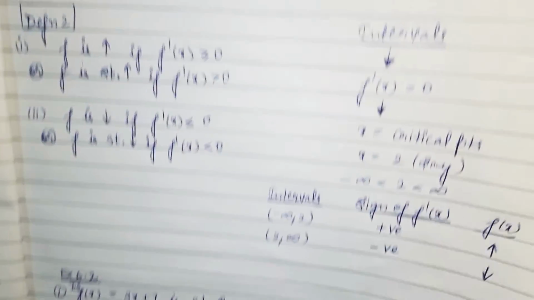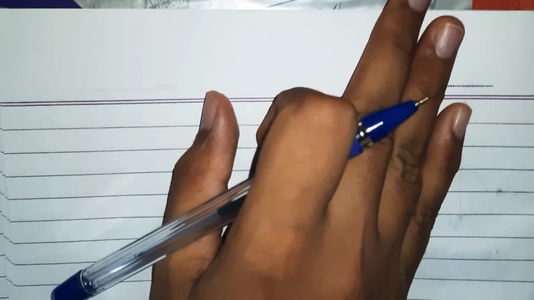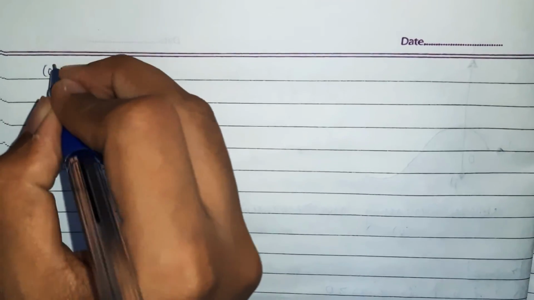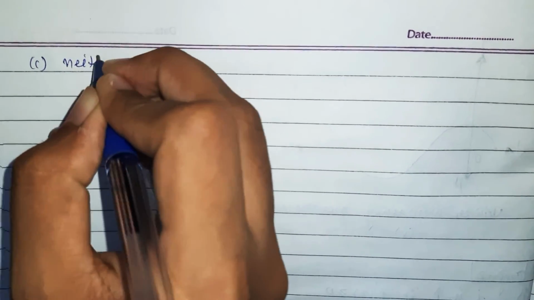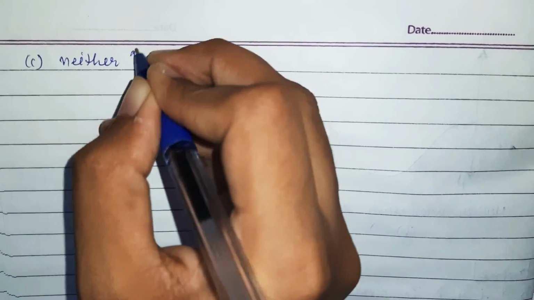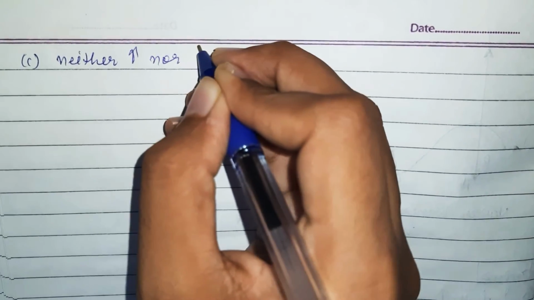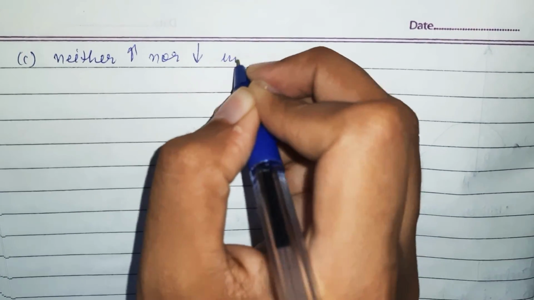Now in the C part, they are saying the function is neither increasing nor decreasing in 0 to pi.